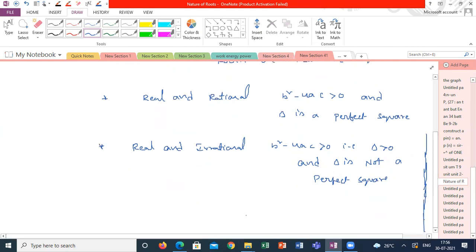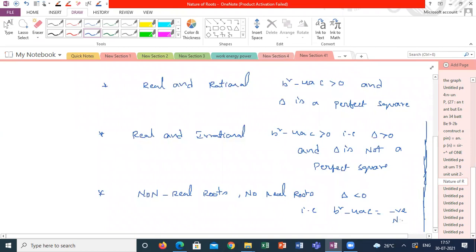Next one, non-real roots, no real roots. If delta is less than 0, that is, b square minus 4ac is some negative number, negative fraction or anything, then I can say roots don't exist or roots are not defined.